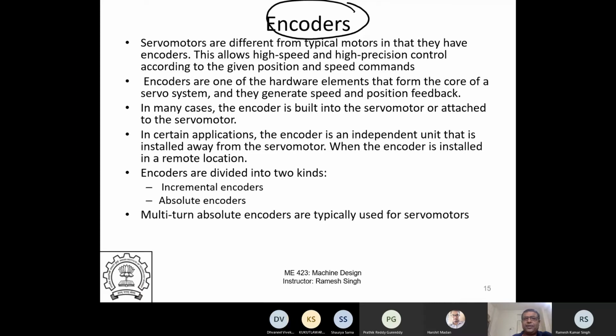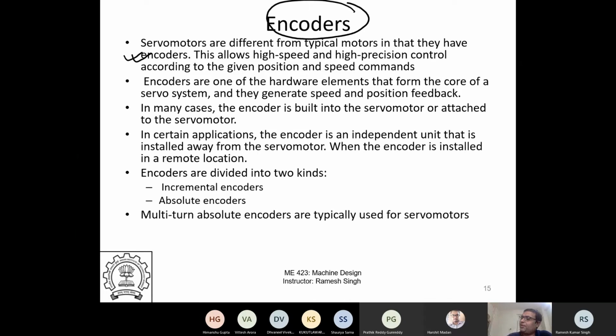So basically, if you look at it, servo motors are different from typical motors as they have encoders. And this encoder enables high speed and high precision control if you give the position and speed controls.